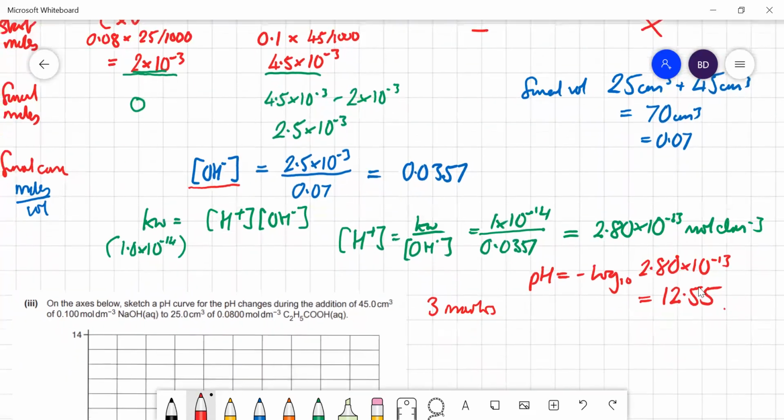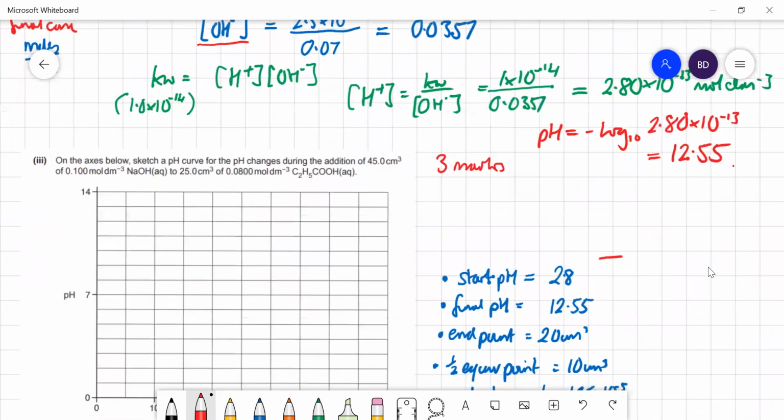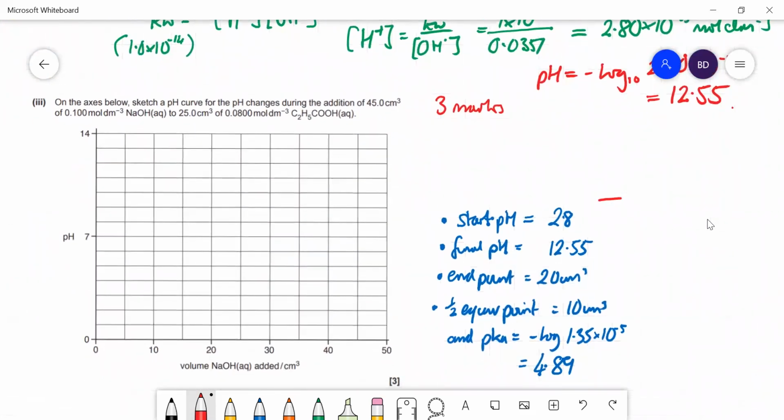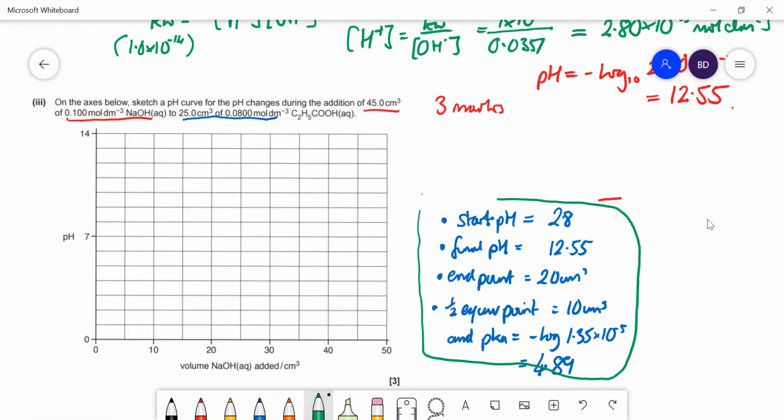Right, next bit then, we have got on the axis below, sketch a pH curve for the pH changes in that titration we just talked about when you add 45 centimeters cubed of the NaOH to 25 of our propanoic acid of that concentration. Okay, so I've written down, you don't have to actually use these strict values here, but you look in the mark scheme.